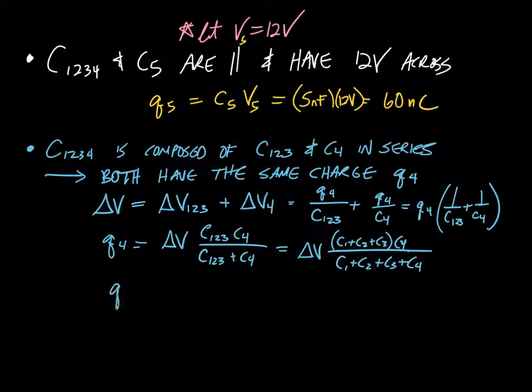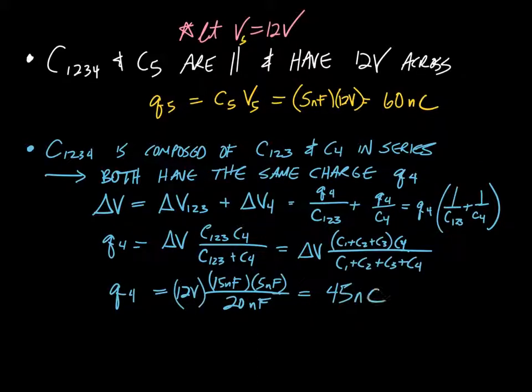So that means Q4 would be 12. The sum of those three, if they're all 5s, would be 15 nanofarads. C4 is another 5 nanofarads, so I got nanofarads squared over 20 nanofarads in that denominator. That means I'll work out with 45 nanocoulombs is what charge 4 is.